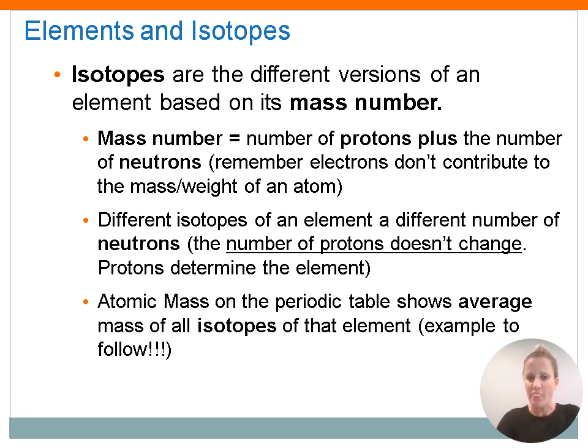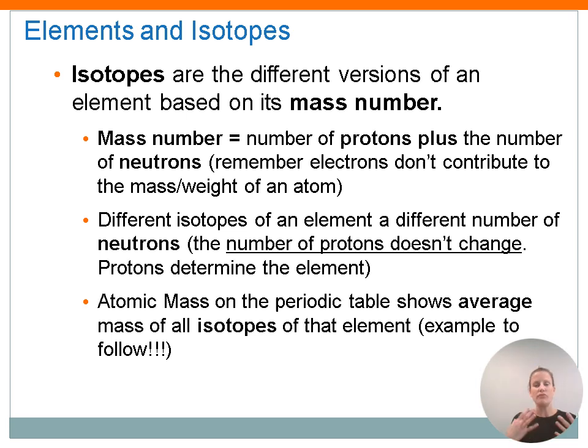But notice that this is not an even number, right? It has this 0.00794. That means there must be some hydrogen that weighs more than 1, right? So there are different versions of hydrogen. Those different versions of hydrogen are called isotopes. So an isotope is a different version of an element that has a different mass number.